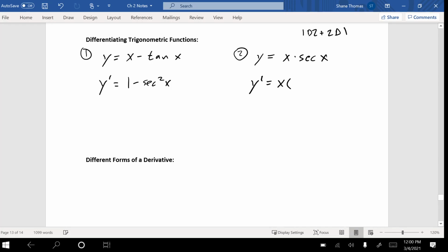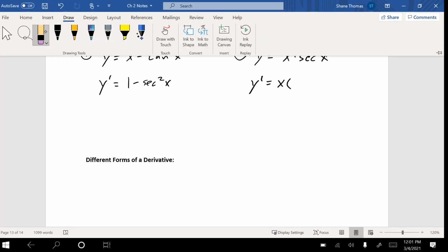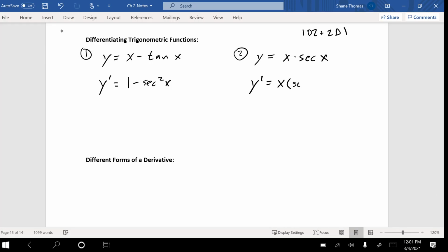Yep, secant x tangent of x. So x secant x tan of x, plus 2, which is secant of x, d1. What's the derivative of x? Just 1. That's going to leave us x secant x tan of x plus secant of x.